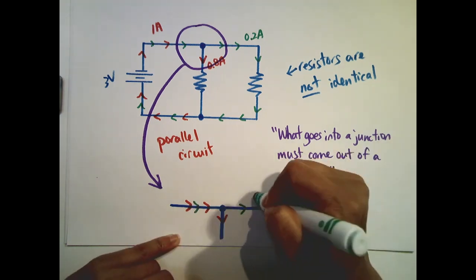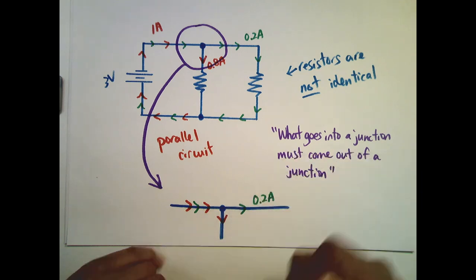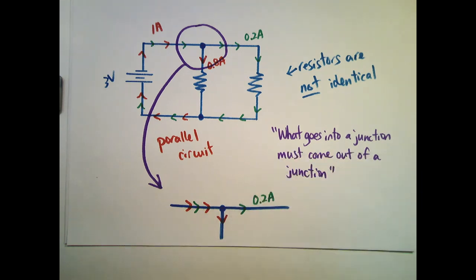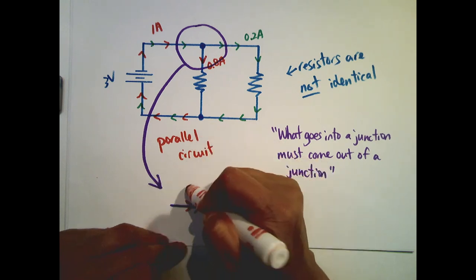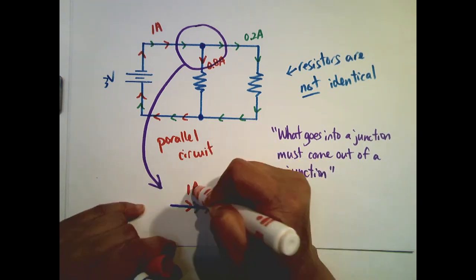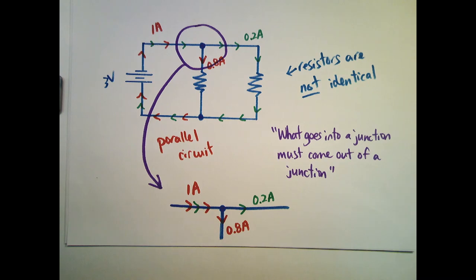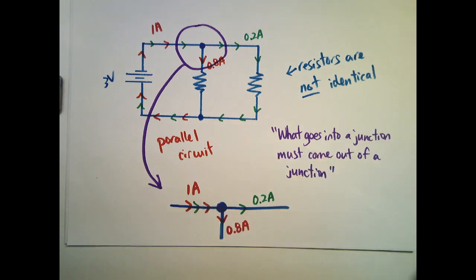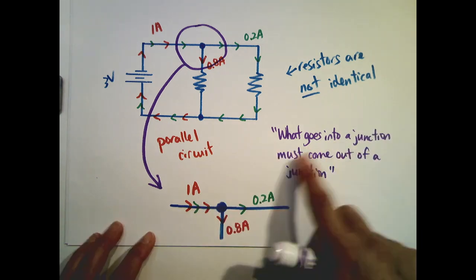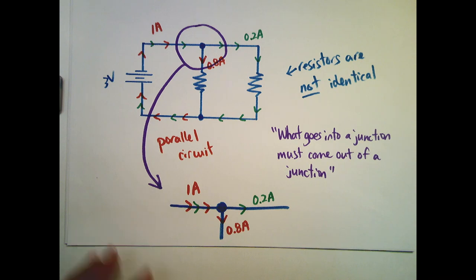And basically this one in the green was 0.2, this one in the red was 0.8, and this one was 1 amp. Perfect. So this here is the junction of interest, and what goes into the junction must come out of the junction.